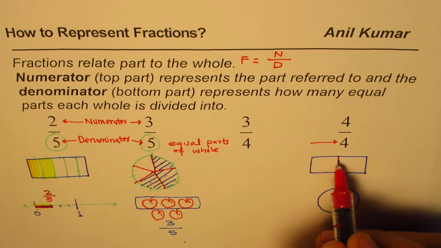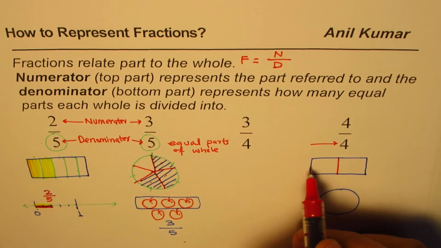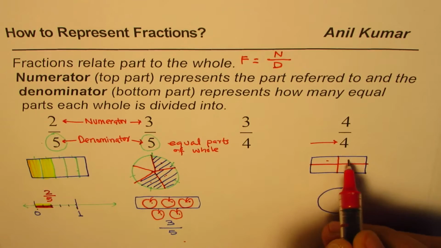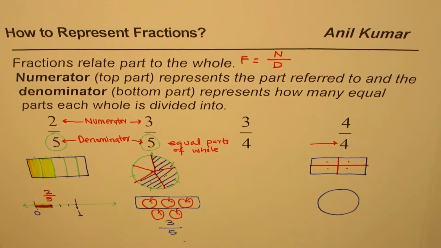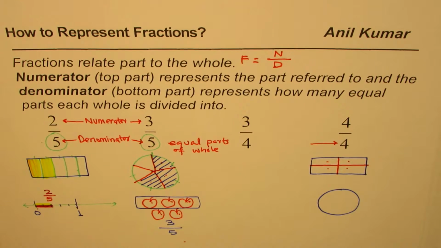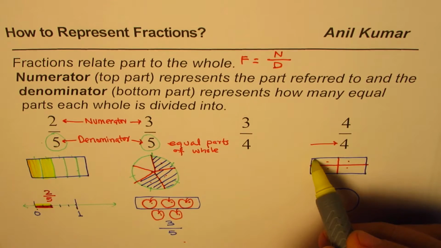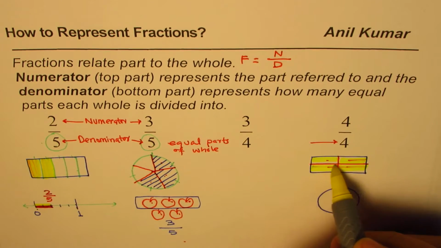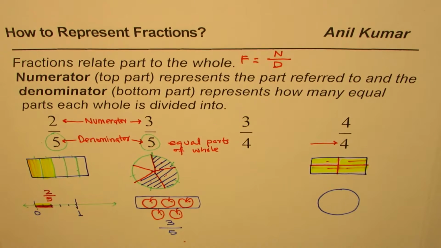Let me divide this into 4 parts. So we have 4 equal parts. They represent the denominator. What do we need to do? Select 4 parts, right? So if I select 4 parts, what happens? Let's say we select 1 part, 2 part, 3 part, and 4 part. We select the whole. Do you see that?